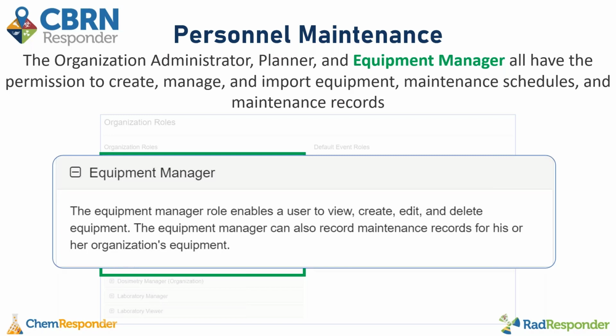The equipment manager role can pick email, text, push notification, or all three to receive the weekly equipment maintenance report that will contain all of the upcoming maintenance needed for their equipment.